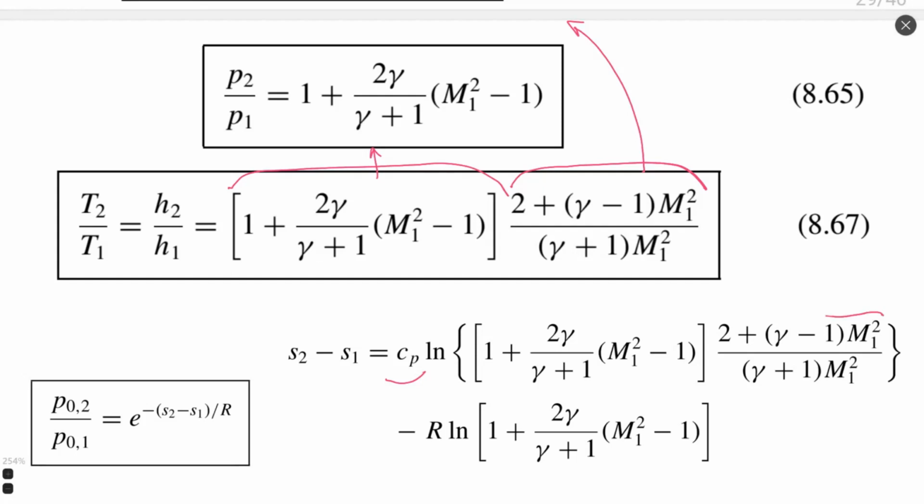This big first part is the temperature ratio, and this here is the gas constant for air, and this part is the pressure ratio again. So these two parts of the equation have something in common. They both use pressure ratio, and the first is as a part of the temperature ratio, but the second is purely pressure ratio.